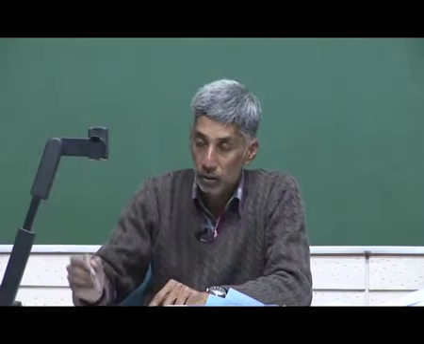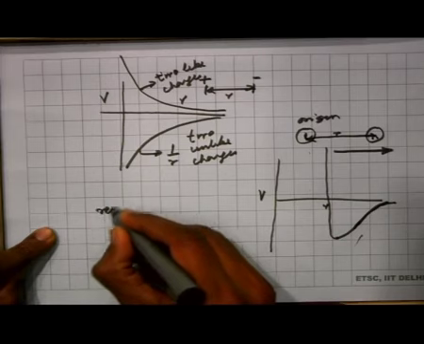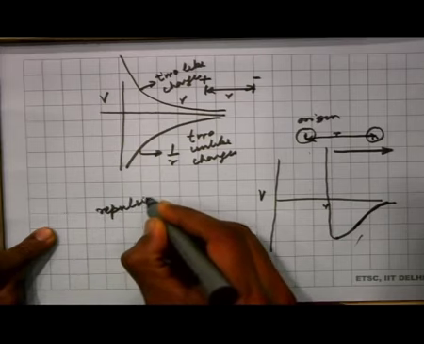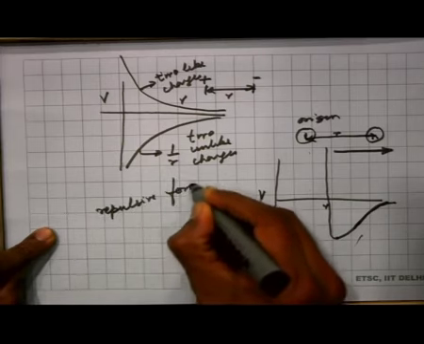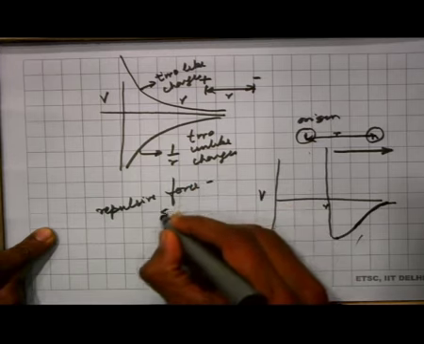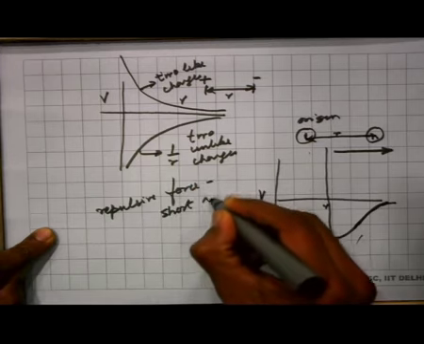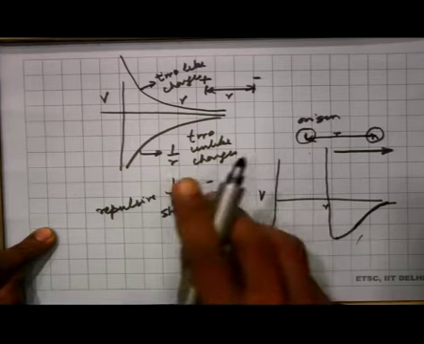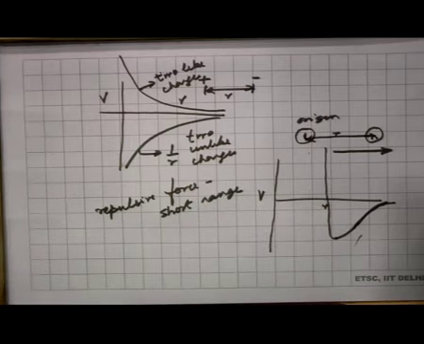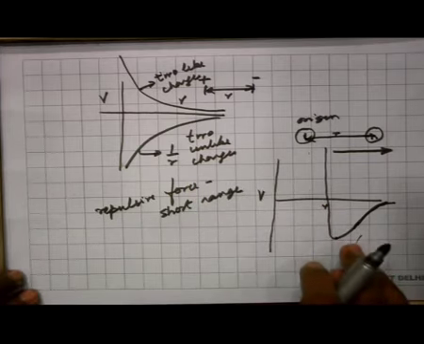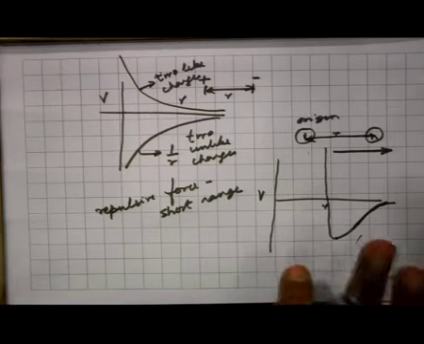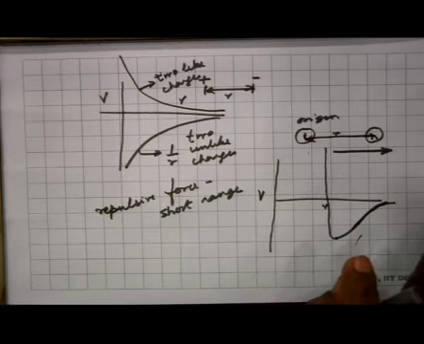So, we are saying that the repulsive force is short range, that it operates at short distances, whereas the attractive force is reasonably long range, right.